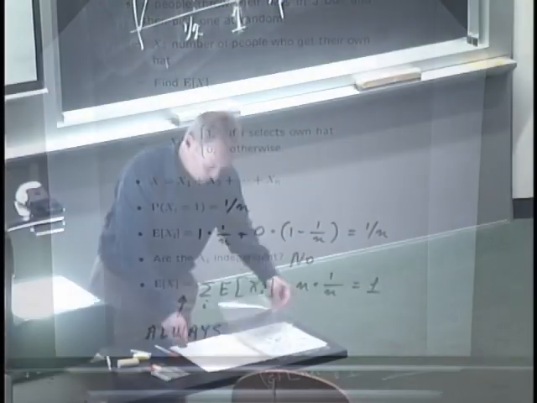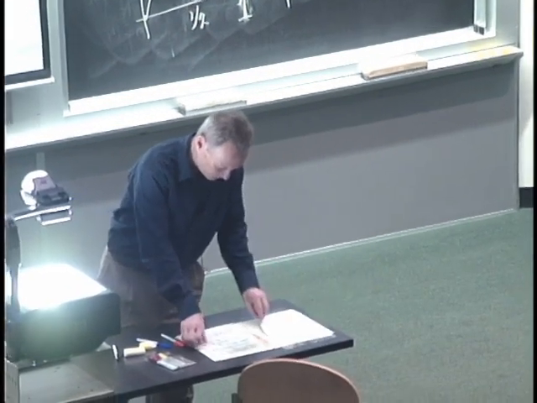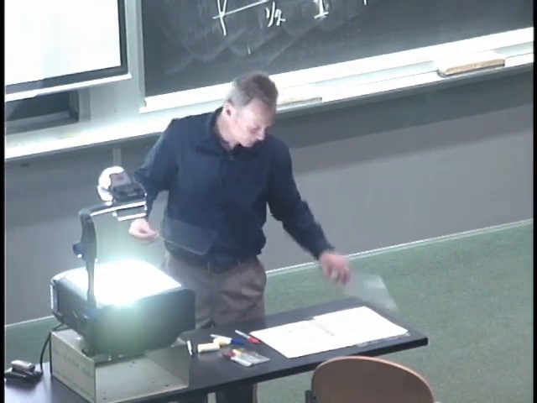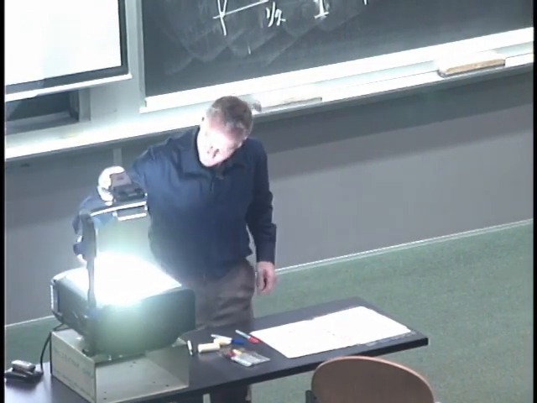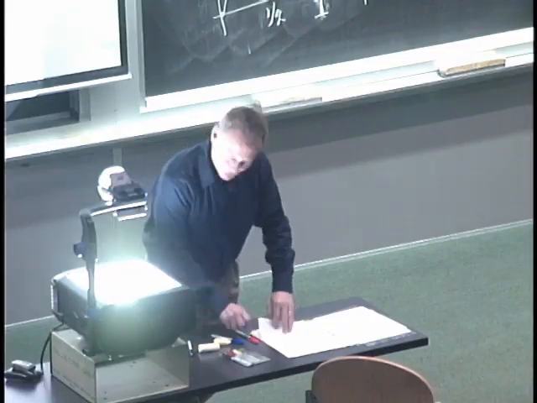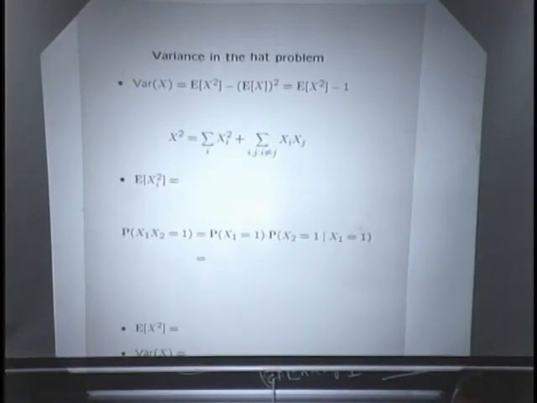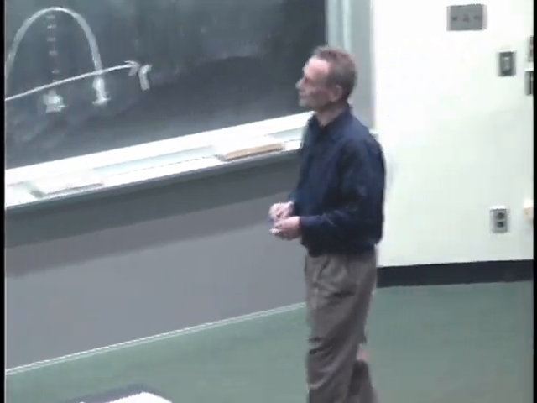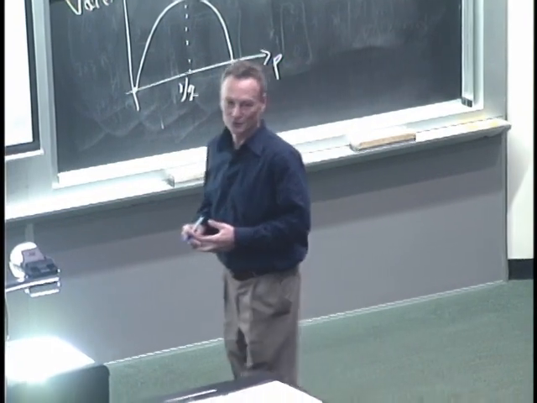Very good. So since we are succeeding so far, let's try to see if we can succeed in calculating the variance as well. And of course we will, but it's going to be a little more complicated. The reason is that the xi's are not independent, so the variance of the sum is not the same as the sum of the variances. So it's not enough to find the variances of the xi's.